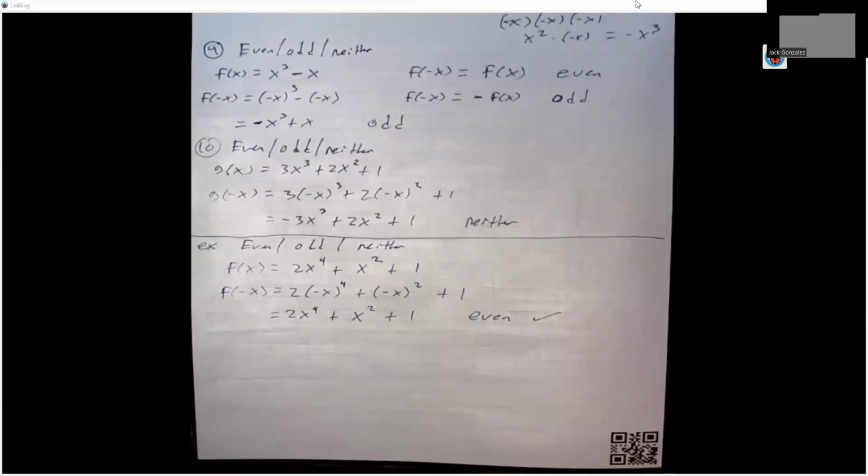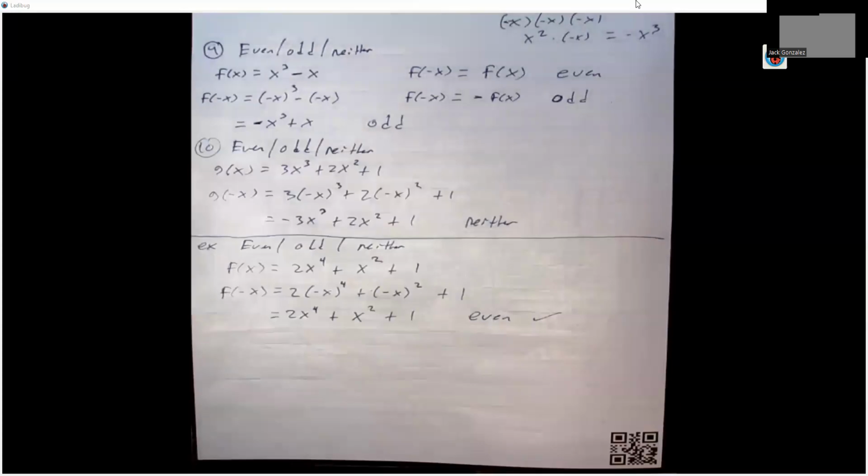Moving to exam 2. Exam 2 is all the log stuff.